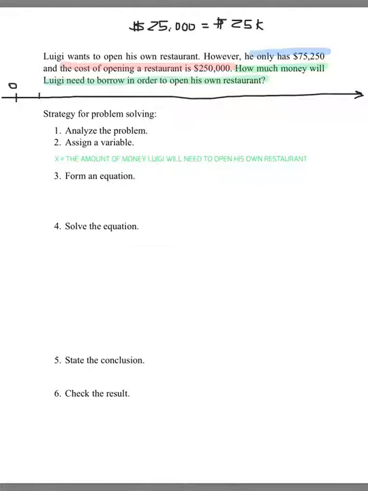So here we go. It's going to be 25K, 50K, 75K, 100K, 125K, and then we'll make 150, 175, 200, 225K, and then 250K, and then we'll go up to 300K.